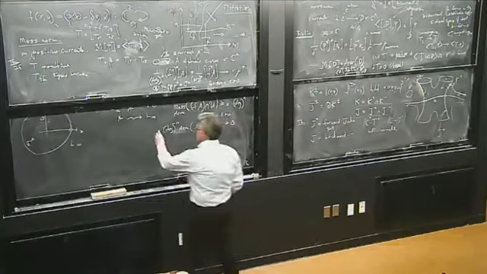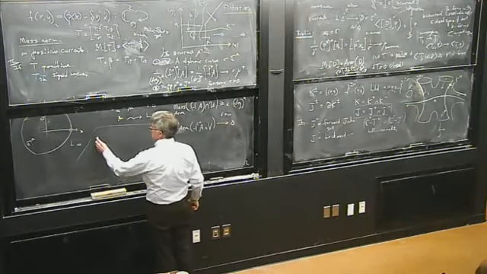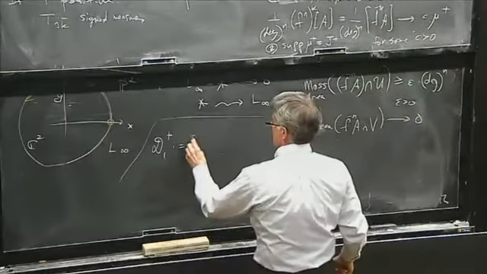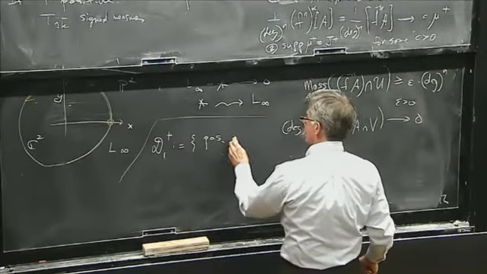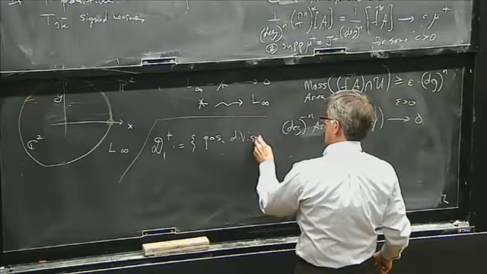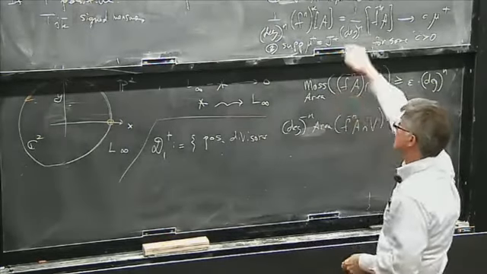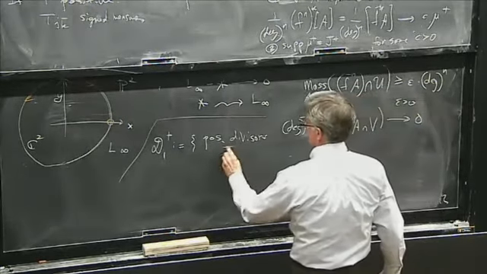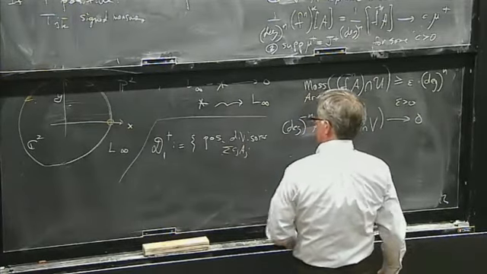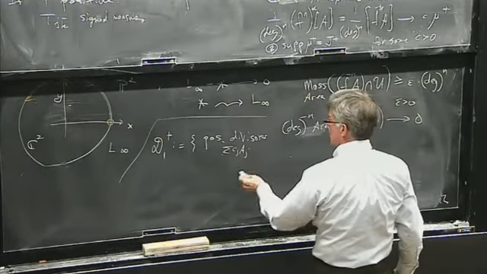So let me put it this way. Suppose I let D plus 1 be all the positive divisors, just taking linear combinations of these, say, with total mass 1.